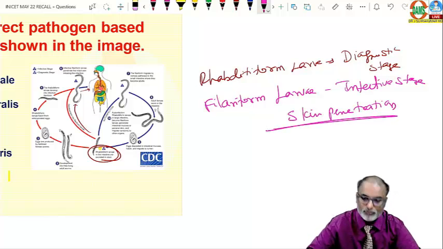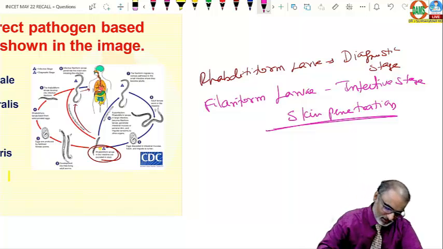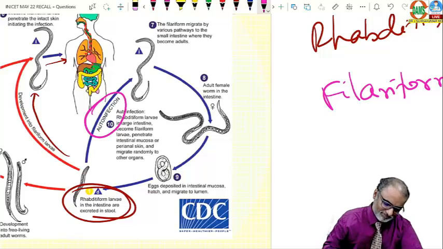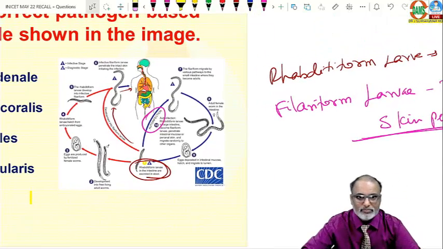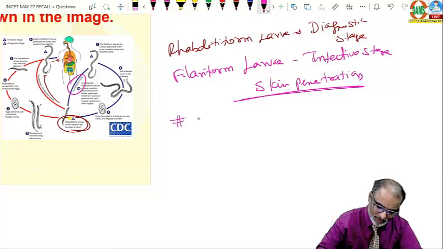This is the first clue. Skin penetration is seen in only a few: Ankylostoma, Necator, Strongyloides and Schistosoma. Schistosoma needs Cercariae, so it is not Schistosoma. Another important clue: it also causes autoinfection and hyperinfection syndrome.